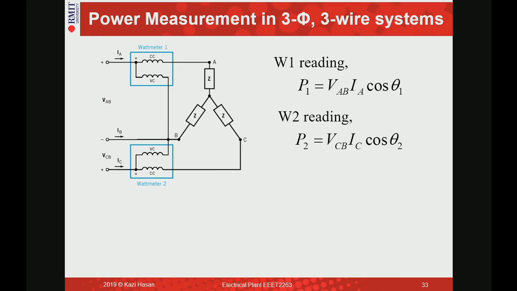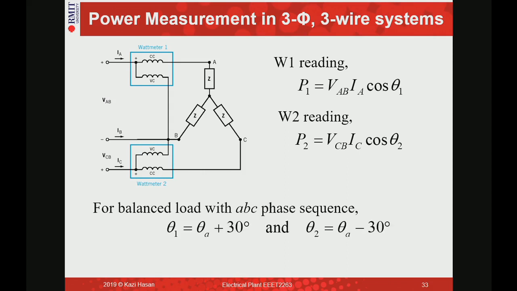If you look here, it is measuring your IC, again a phase current, then VBC or VCB, that is the line to line voltage. Now in case of theta 1, as we have seen before, there is a 30-degree angle between phase voltage and line voltage, or phase current and line current. So your theta 1 will be theta A plus 30 degrees, and theta 2 will be theta A minus 30 degrees.